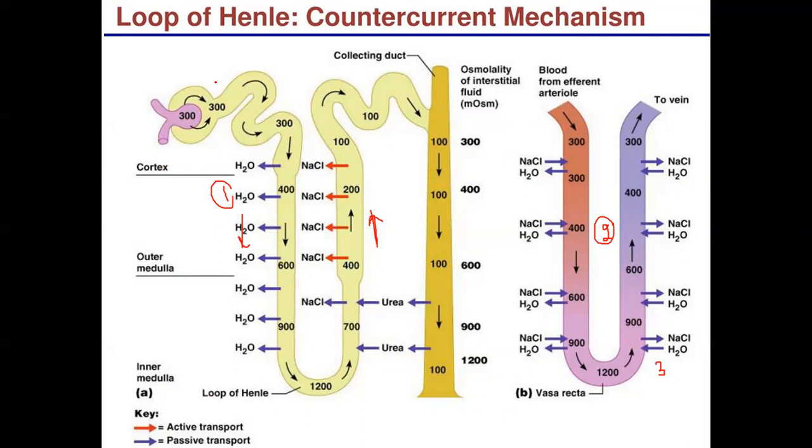So you can say this is isotonic to our blood. When this filtrate comes into PCT, its osmolarity is still 300. By the time it reaches the tip of the Henle's loop, its osmolarity changes to 1200.